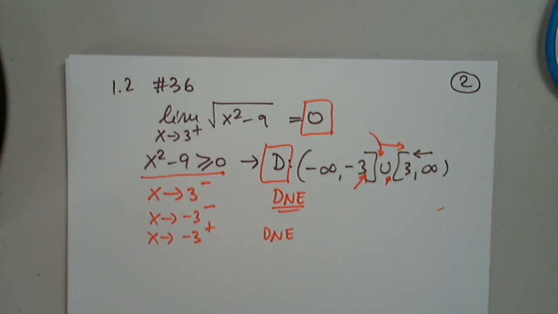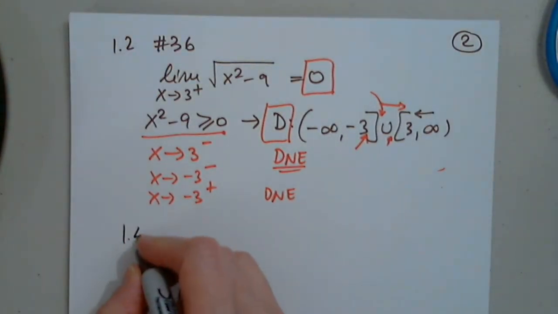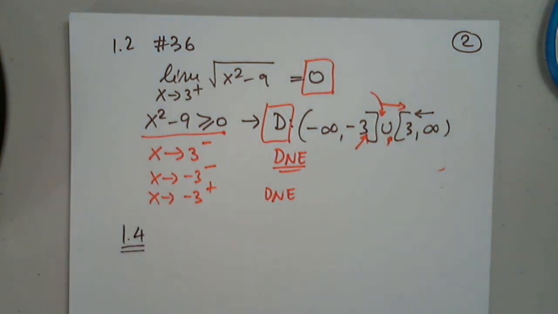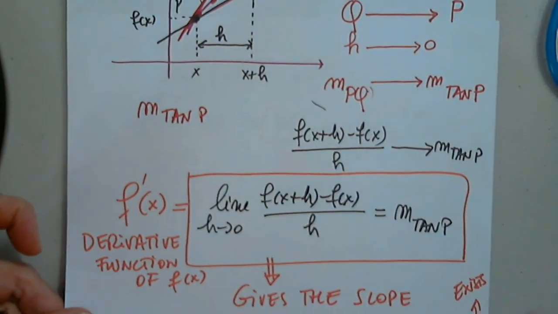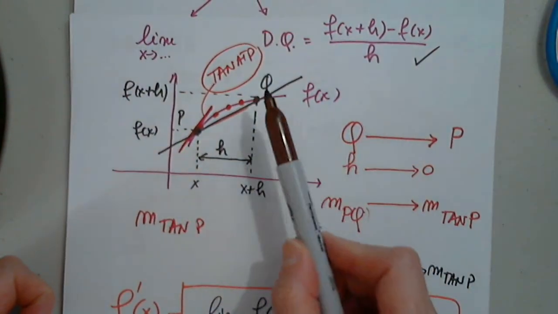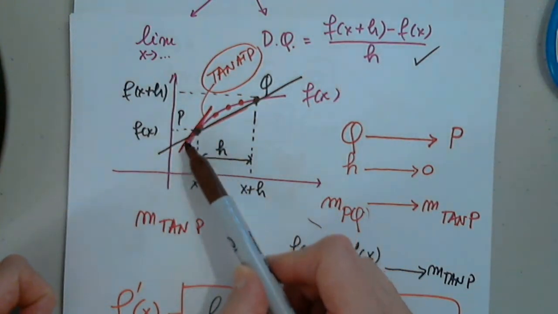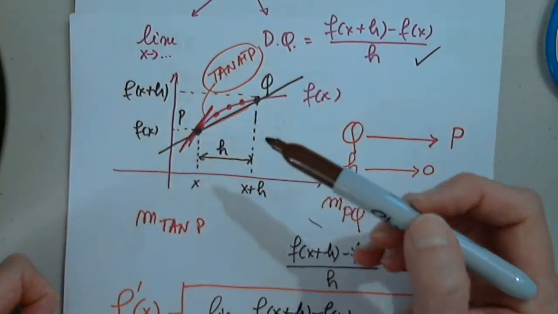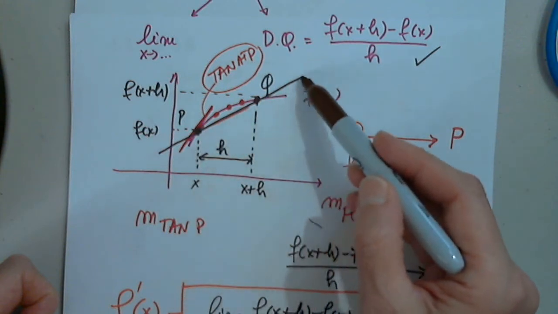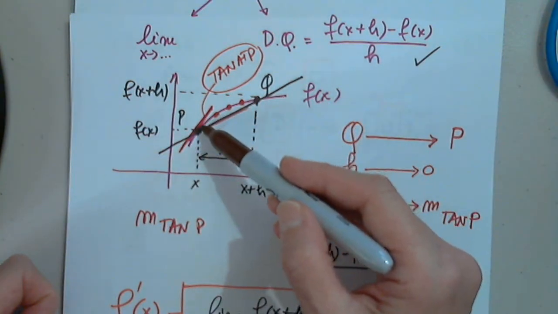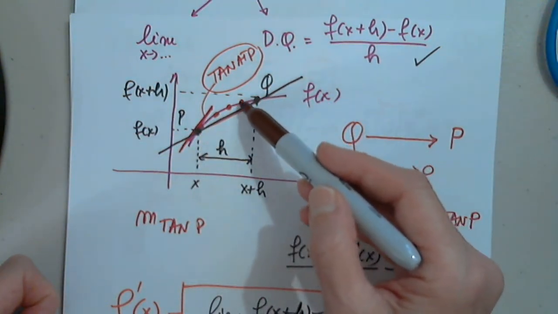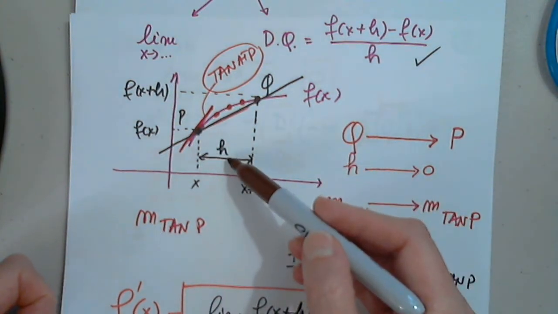Okay then, so we established last time in 1.4, which I did not mention it was 1.4, so that's why I kept this. We established slowly but surely that when we want to determine the rate of change of this function at this point, we start first with the secant line and we approach Q. Q will get closer and closer to P, which means h approaches 0.